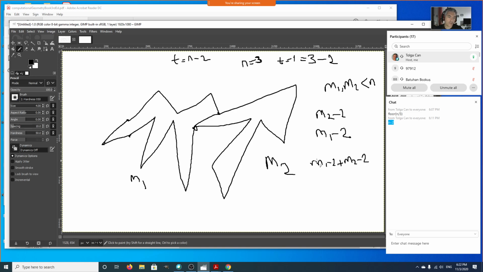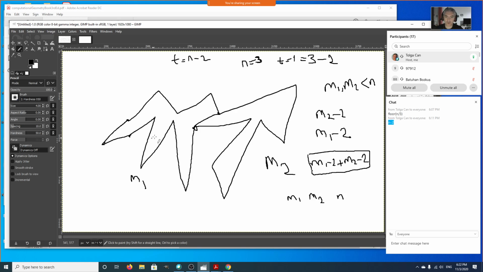This is the total number of triangles in both of the polygons. Now, can I write M1 plus M2 in terms of N? Can I get rid of M1 and M2 here and write them in terms of N?